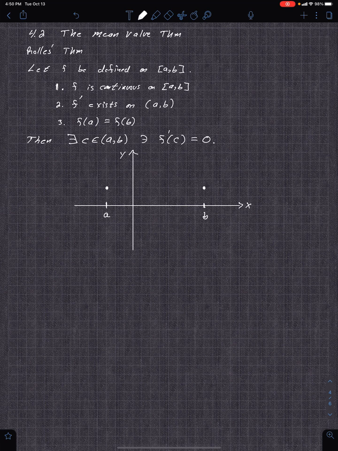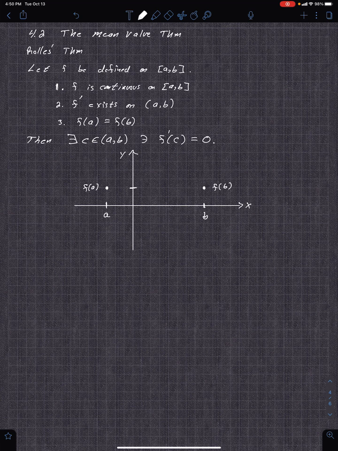So the function values are equal. So this value right here is the same. So that's your f of a, and this is your f of b. So as you're doing the function, you have to get from here to here.